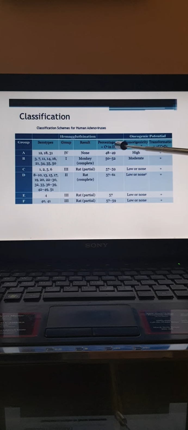And then they have been classified on the percentage of GC content present in DNA, and on their oncogenic potential, how they are able to cause tumorigenicity in vivo, and the effects can be seen in in vitro transformation of cells. So if you see, group A has the lowest GC content, it does not have any hemagglutination property, and it has the highest oncogenic potential.